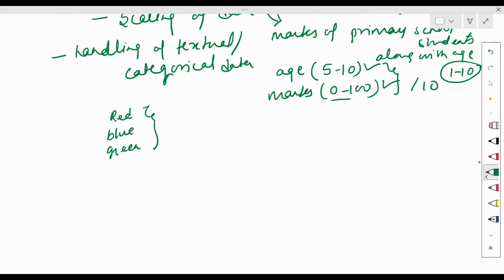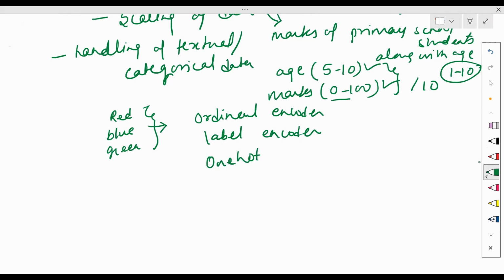In such cases, we do convert these categorical columns into some numeric value. There are different methods using which this can be done. We have ordinal encoder, we have label encoder, then we have one hot encoder. We will explore all these topics in detail in upcoming videos.